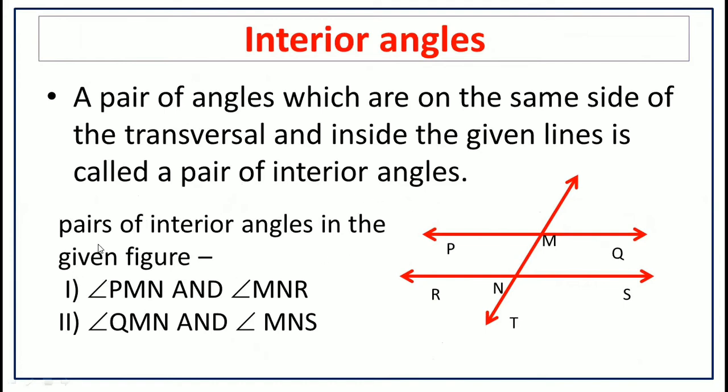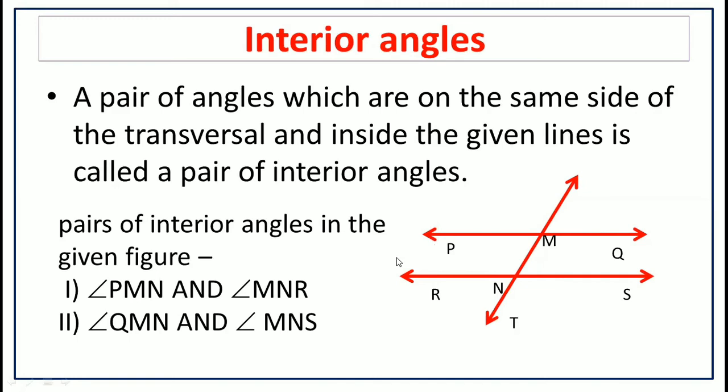Here you see pairs of interior angles: PMN and MNR, that is the interior angles. That means here and here. Using the numbering 1, 2, 3, 4 again, these angles are the interior angles.